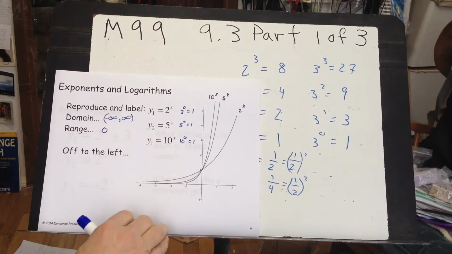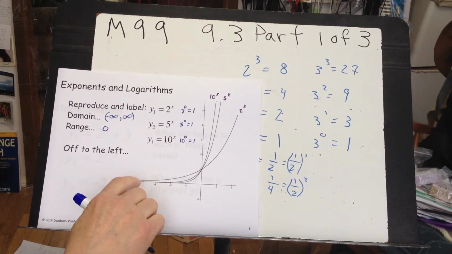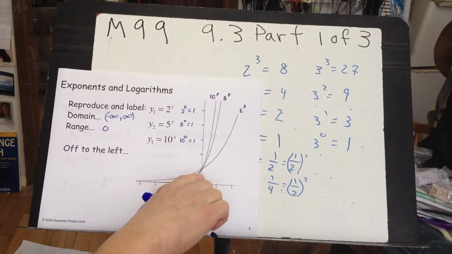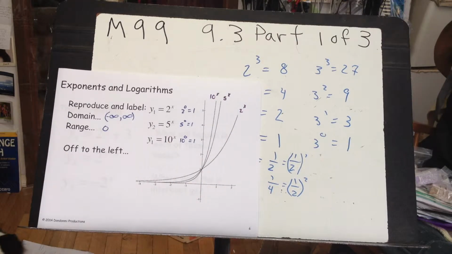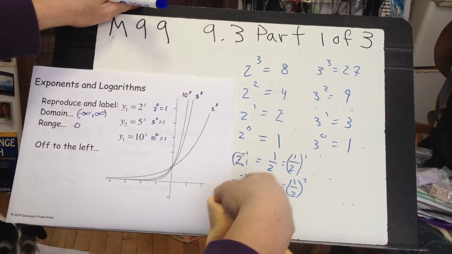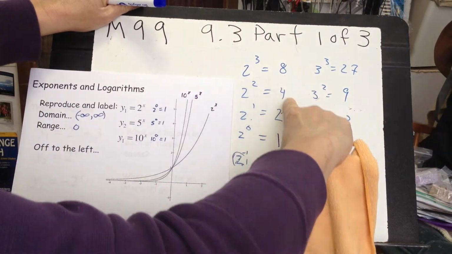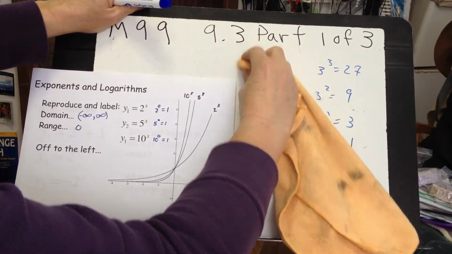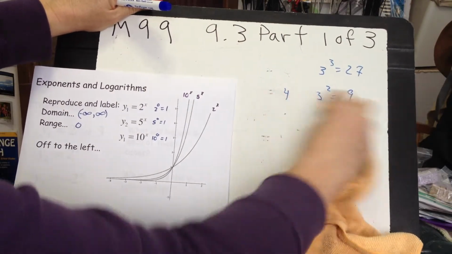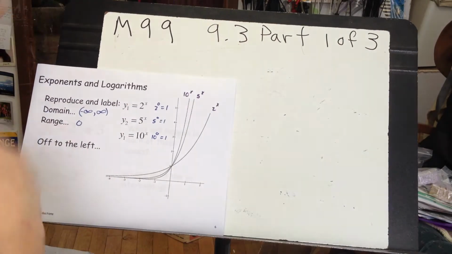I cannot raise a number to a power to get 0. Remember we had large numbers, we got to 1, and then we're getting smaller and smaller and smaller. But is there a power on 2?